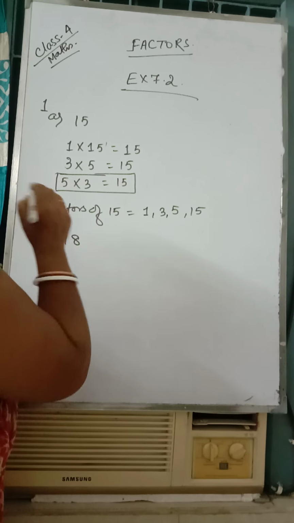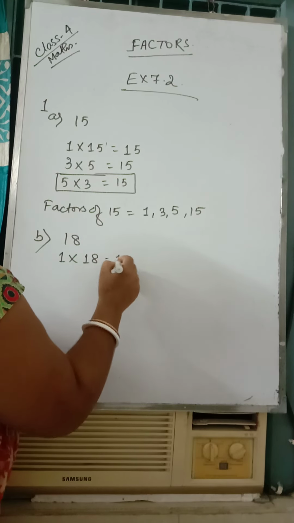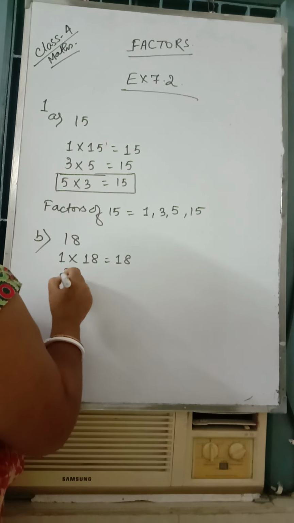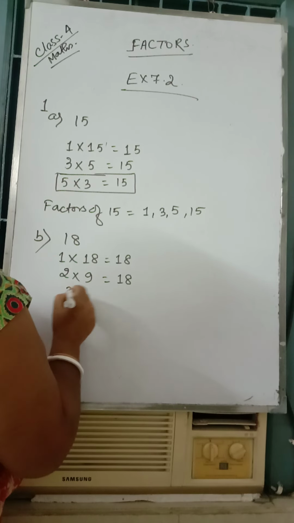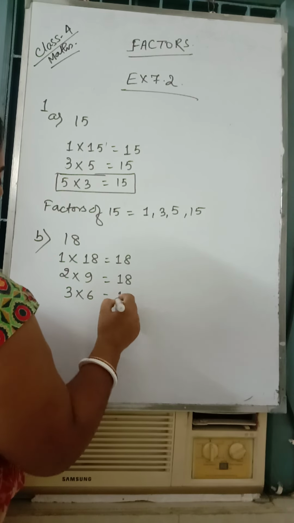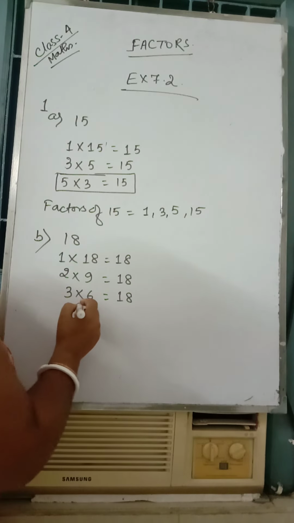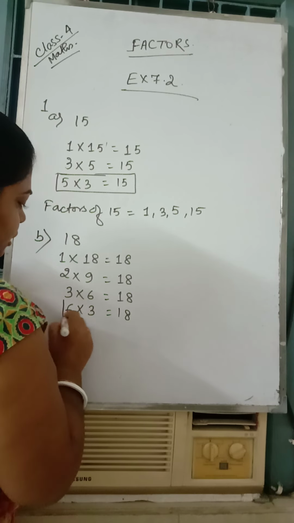Let us see B, given 18. I need numbers that give 18 when multiplied. 1 into 18 gives 18. 2 into 9 gives 18. 3 into 6 gives 18. Then 18 does not come in the 4th table or the 5th table. Again 6 into 3 gives 18, so this is vice versa.